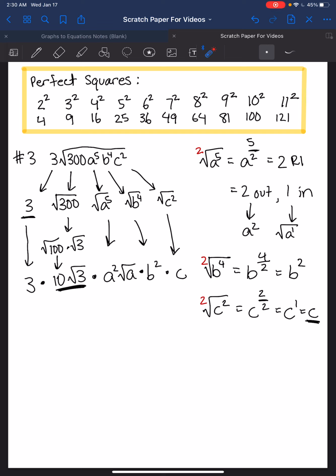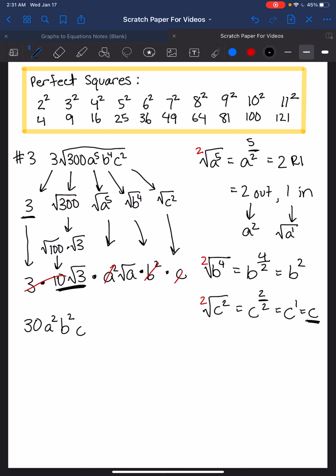So first off, my numbers that are not square roots are 3 and 10. 3 times 10 is 30. Letters, we have a squared, b squared, and c.